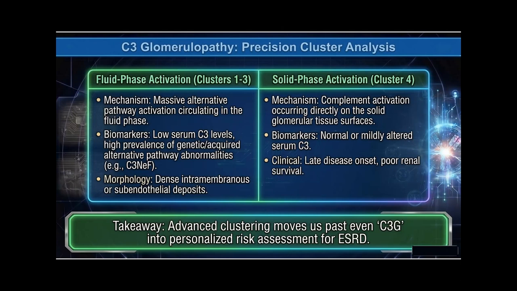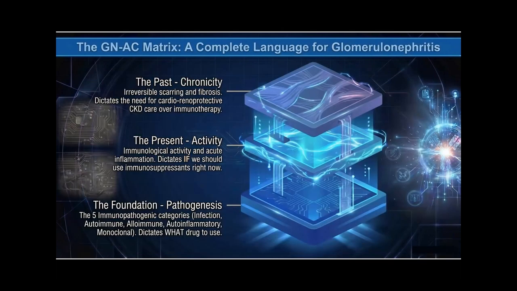Dense intramembranous and subendothelial deposits will be seen. The takeaway from this slide is that advanced clustering moves past even the C3G into personalized risk assessment for end-stage renal disease. So everybody requires to be investigated for C3 glomerulopathy also.